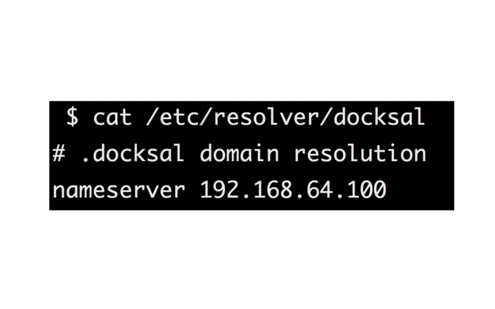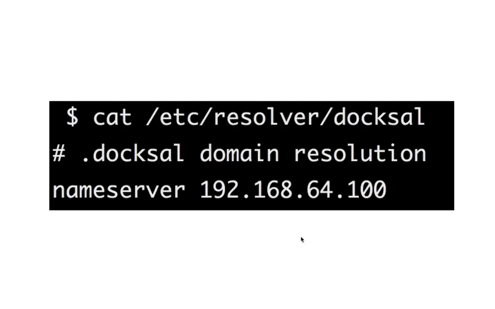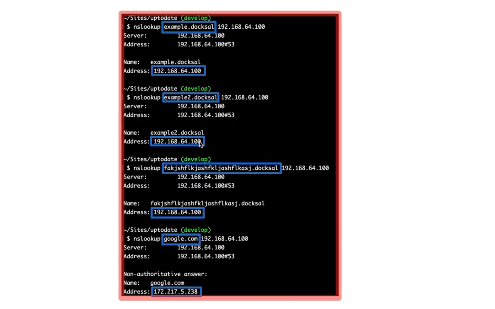So the nature of an HTTP request for you once you have Docksal installed is going to involve a DNS lookup on this server. And this server is smart enough that it can respond to DNS lookups that end with the .docksal top level domain by supplying the IP address of the Docksal virtual machine.